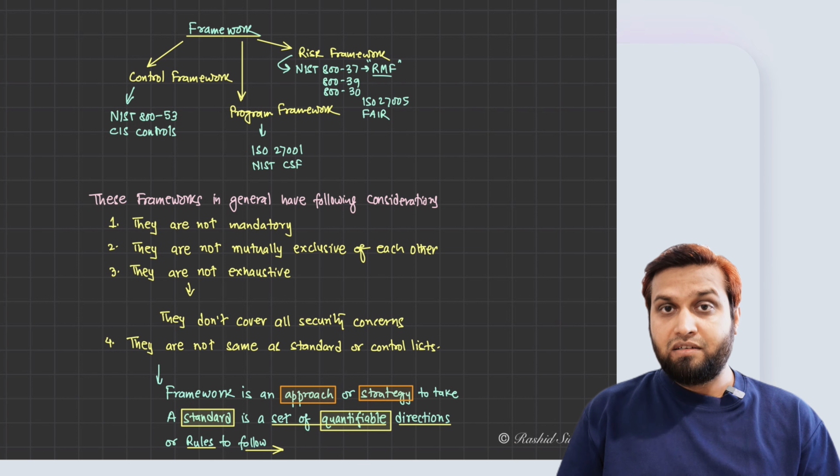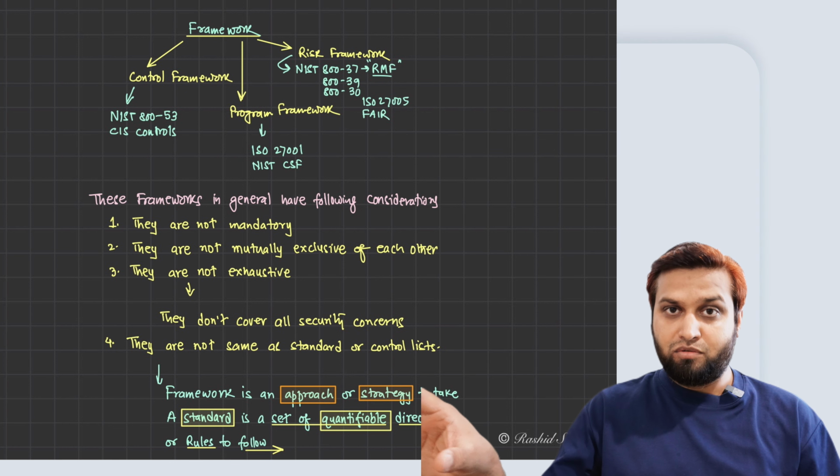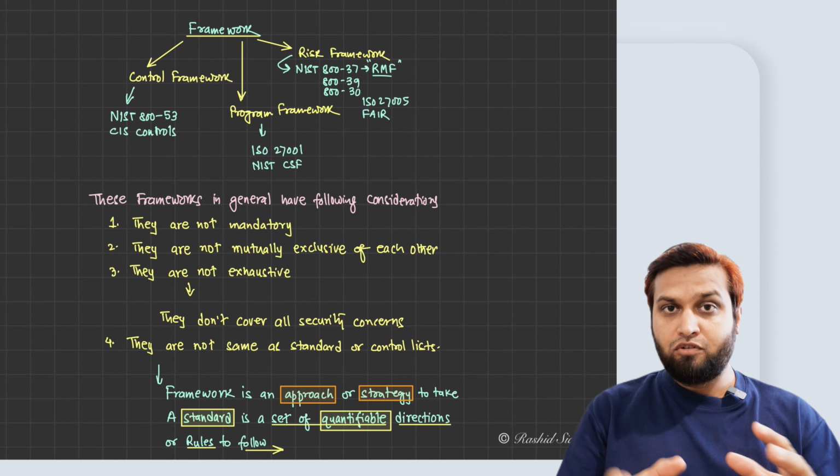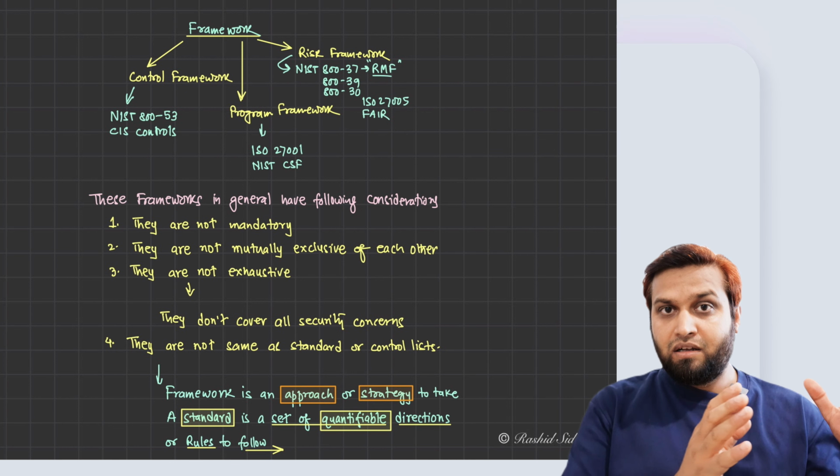And the third framework category is the risk framework, right? Which talks about how to do risk assessment or how to perform the risk management tasks of an organization. So these three categories we should know: a framework could be a control framework, or a program framework, or a risk framework.